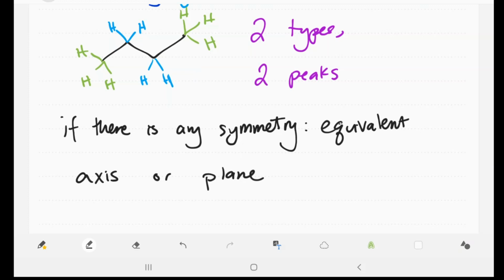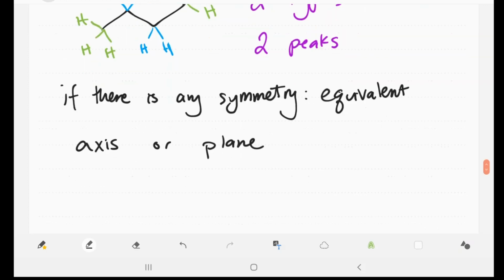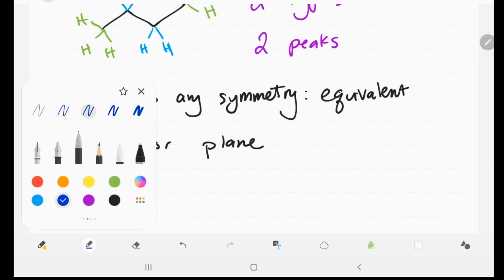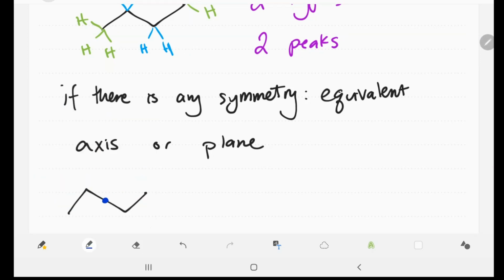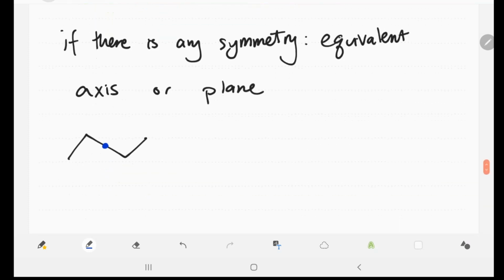And so if we take this molecule and rotate it about, I'm going to go ahead and rotate this molecule. I'm going to stick an axis right here, and I'm going to rotate this molecule 180 degrees. And if I do that, this is what I get.